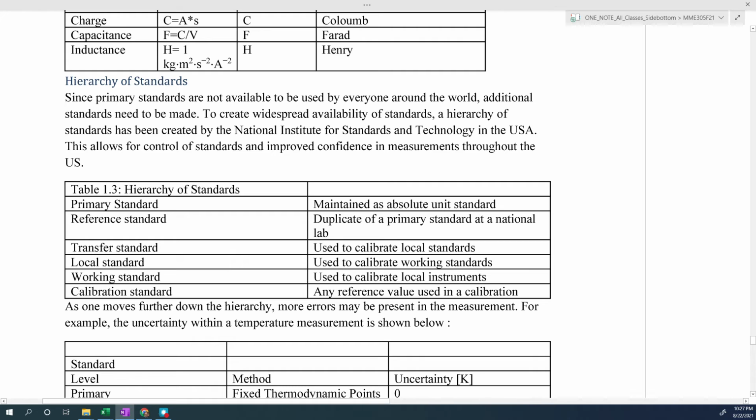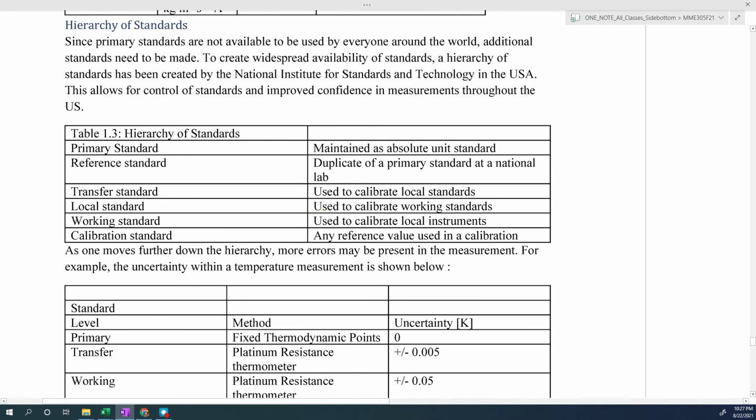Okay, and then basically from that reference standard, additional standards are made all the way down to a typical calibration standard. All right, so there's only one primary standard, then from that primary standard, more reference standards are made. All right, then from the reference standard, we have a transfer standard, which then becomes a local standard, so on and so forth.